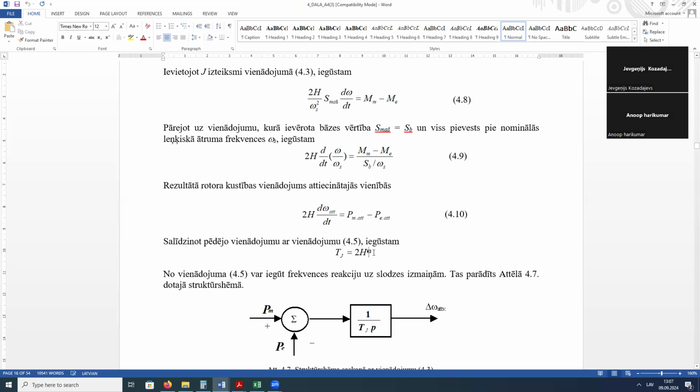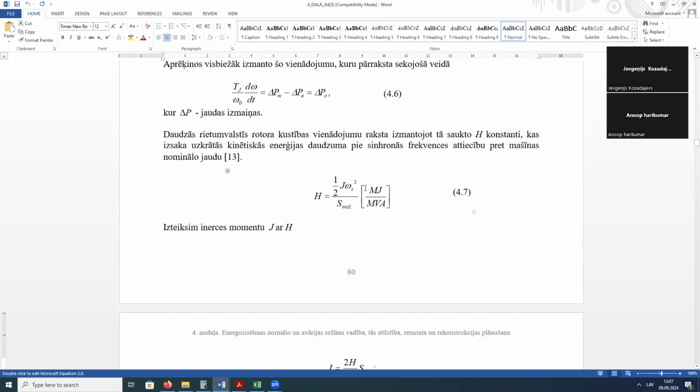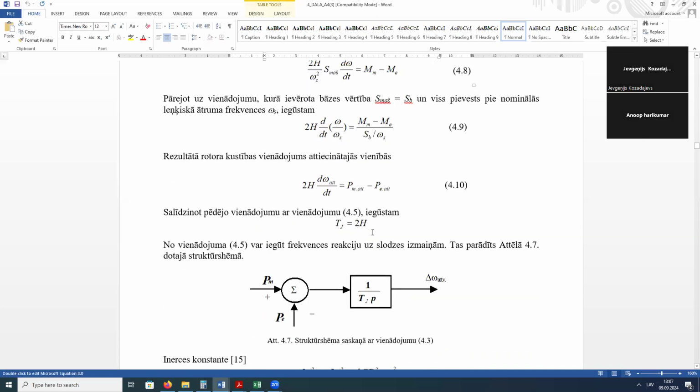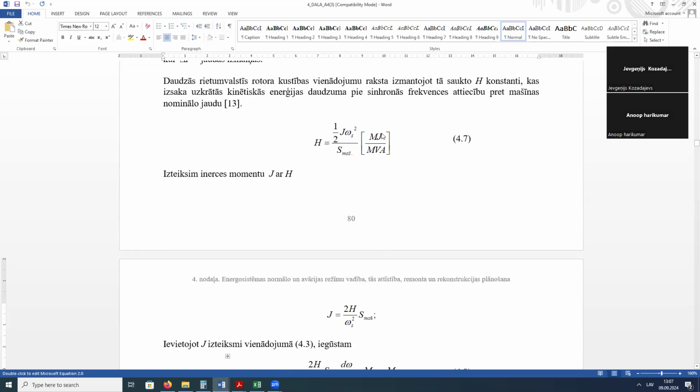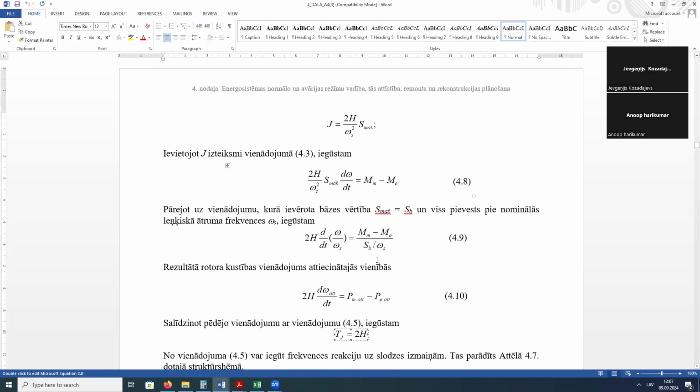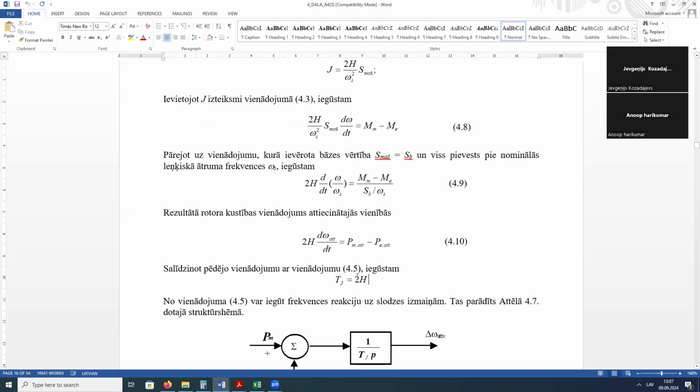I say European because I don't know how it is in another part of the world. It represents this inertia in time, in seconds. And these two values are related: the time T is the value 2 multiplied by H. So if we represent it as energy, we can convert to the time just by multiplying by 2.